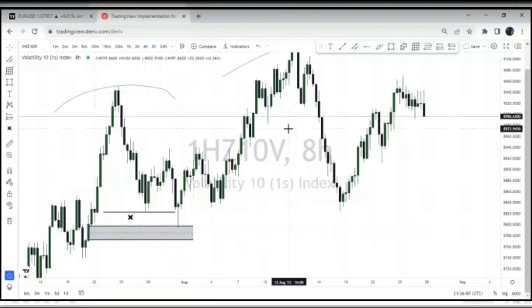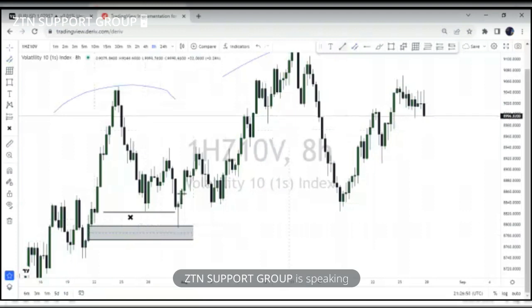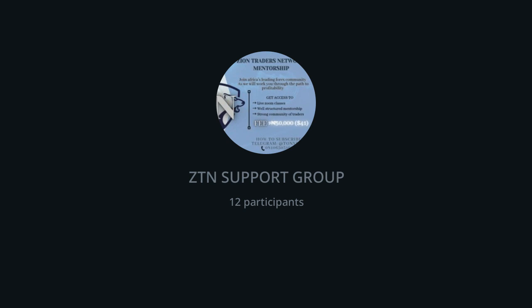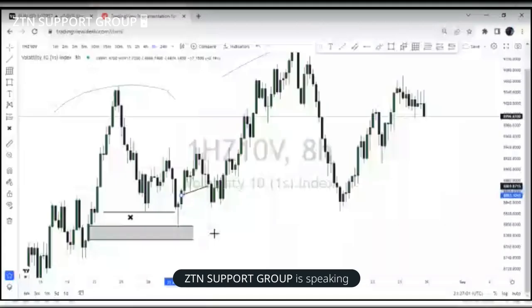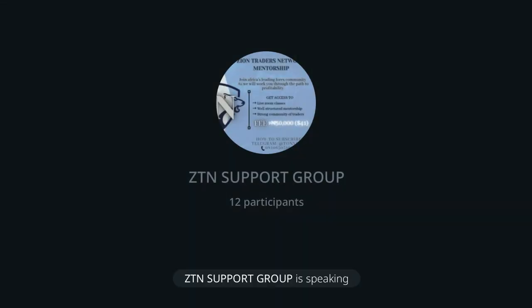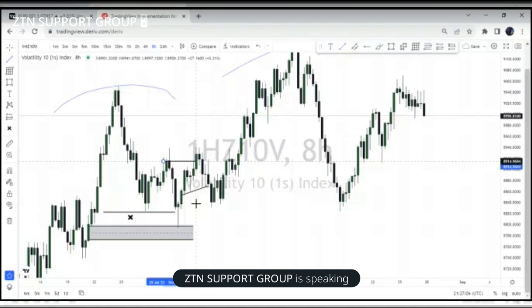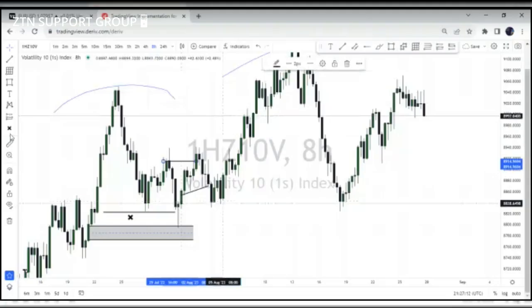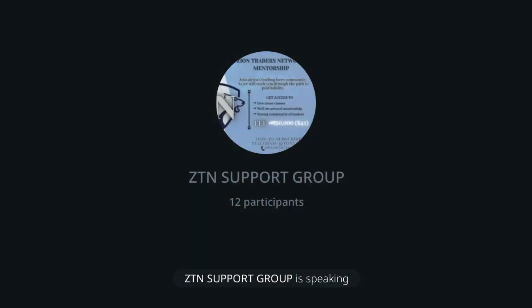Now let me show you something again. See how this dynamic liquidity was swept here, after breaking structure, and then came back to do what? Fill this IPA. These things are plain to us on the charts.